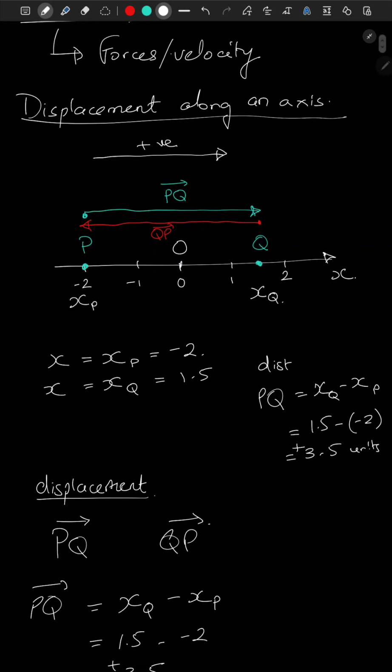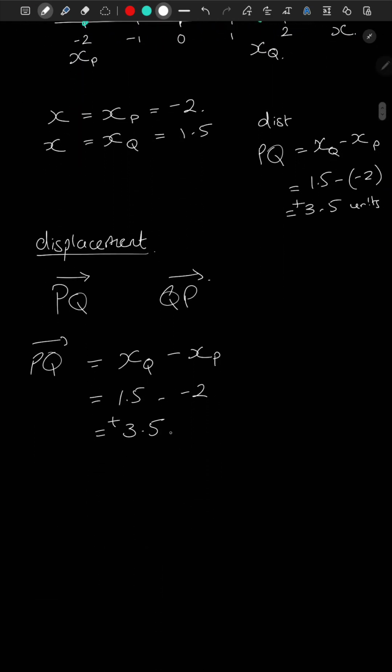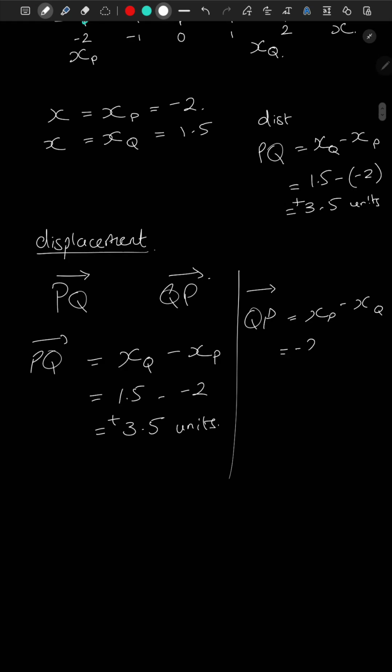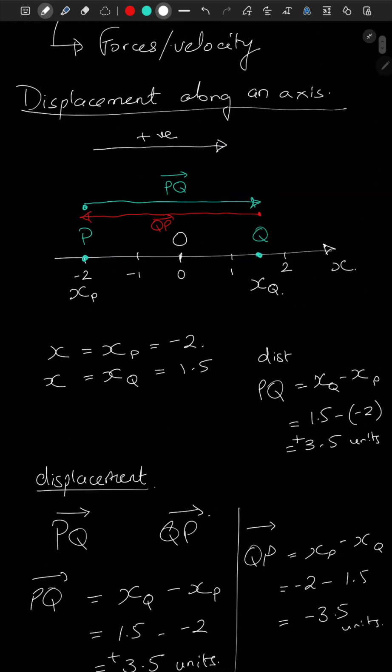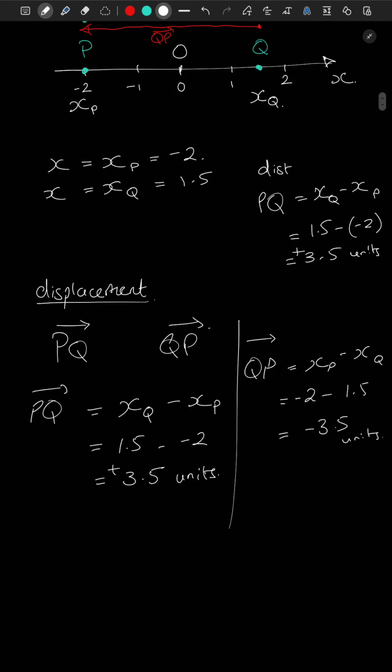So this is a positive direction. The PQ is a positive direction. We get plus 3.5 units. Now if we calculate QP, which is xp minus xq, xp is -2 minus 1.5 is minus 3.5 units. So it is in the other direction, so it is negative.